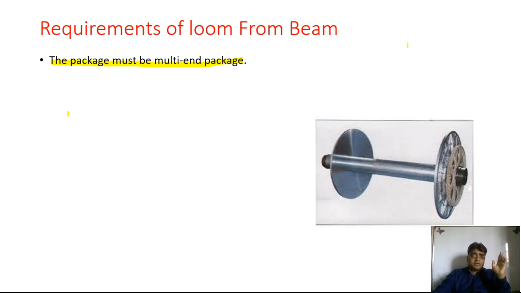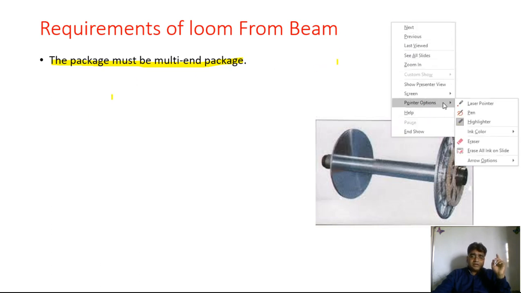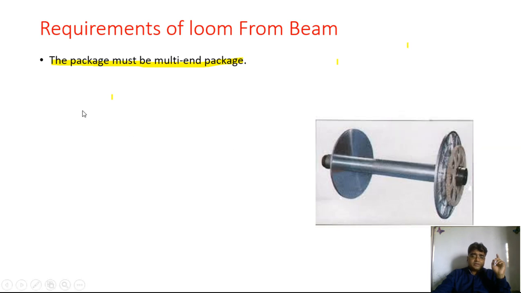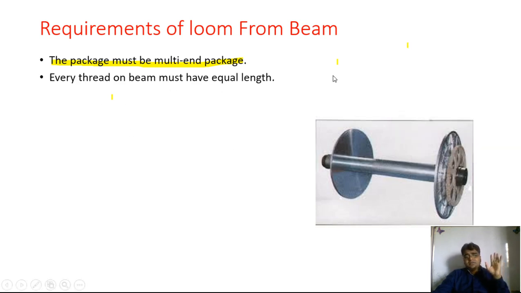So this is our need from the loom shed. Now another thing: every thread on the beam must have an equal length. So whatever yarn we are going to wrap on this beam, जे काही आपल्याला दोरा या बीम वरती आपण व्रॅप करणार आहे, त्या दोऱ्याचं जे लेंथ आहे, ते 1 नंबर दोरा, 2 नंबर दोरा, 3 नंबर दोरा, 4 नंबर दोऱ्याचं सारखंच असणार आहे.